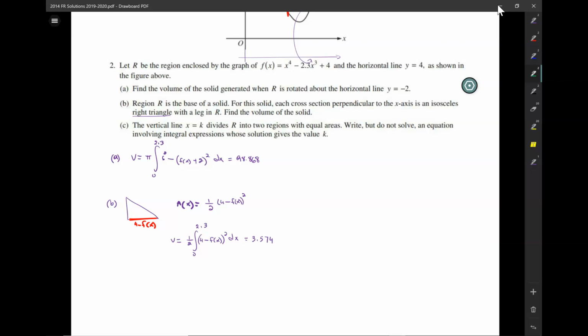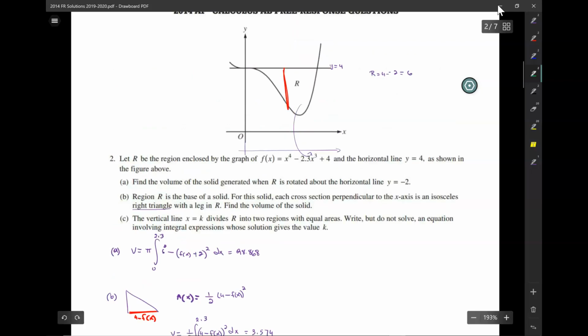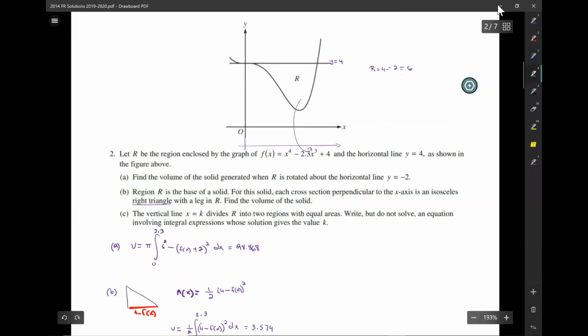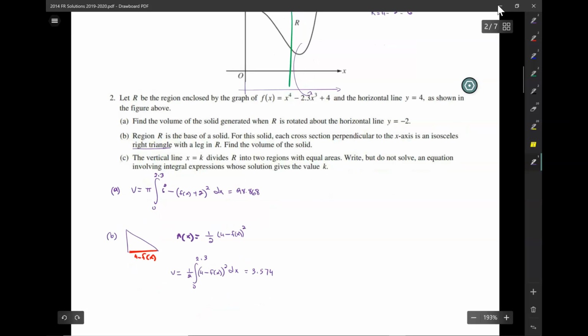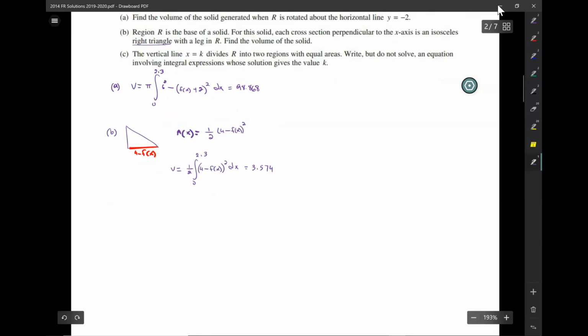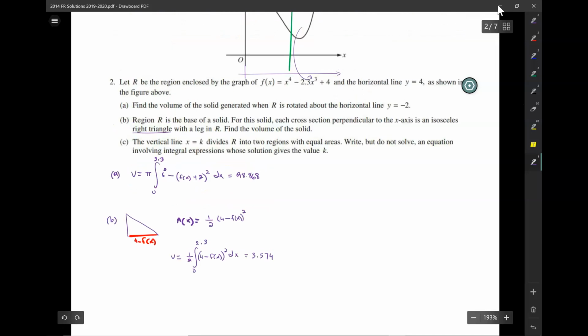The vertical line x equals k divides R into two regions with equal areas. So we're going to suppose that this is x equals k. Write but do not solve an equation involving an integral expression whose solution gives the value of k. Okay, there are two different ways you can write this.